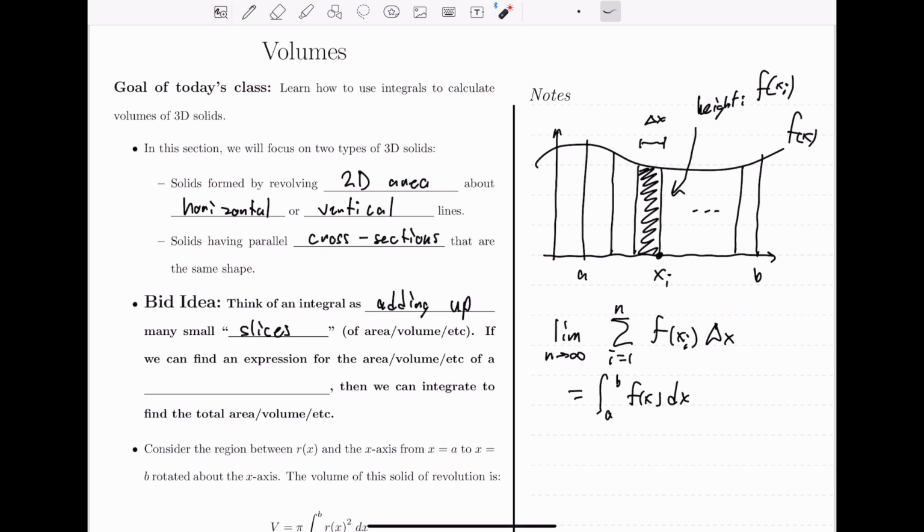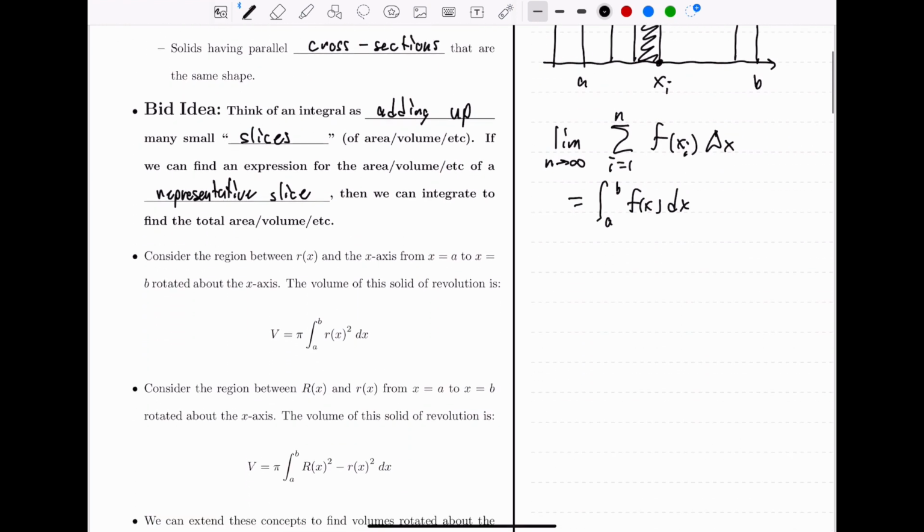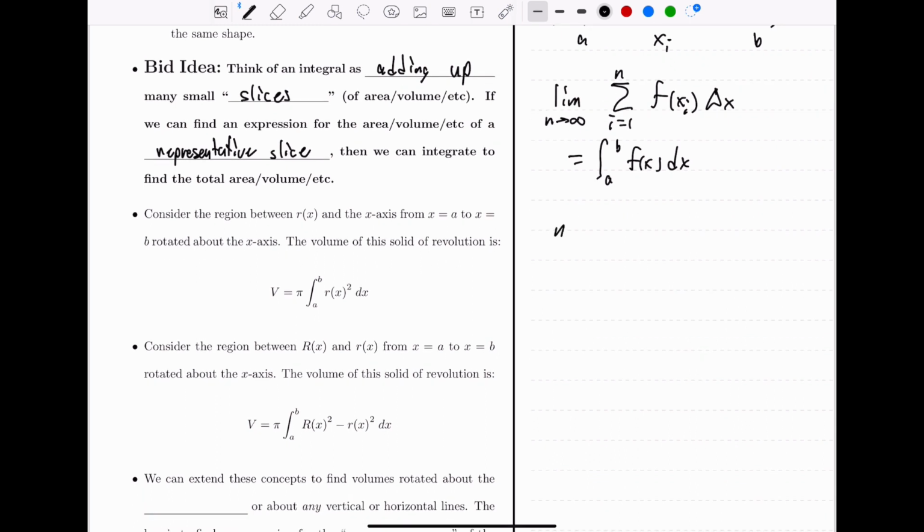But we want to think of slicing up a region and then adding up those slices using an integral. And if we can find an expression for the area or the volume or whatever of a representative slice, then we can use an integral to find the total area or volume or whatever it is that we're interested in finding. So let's draw a picture and try to think of integrals in this way.